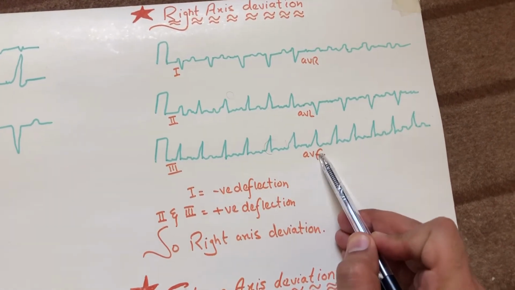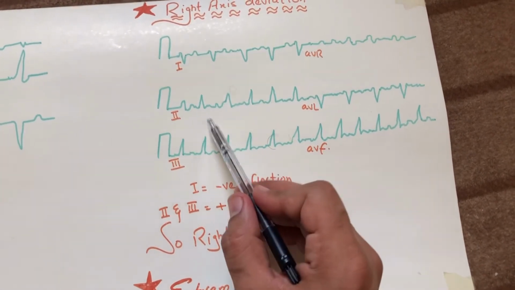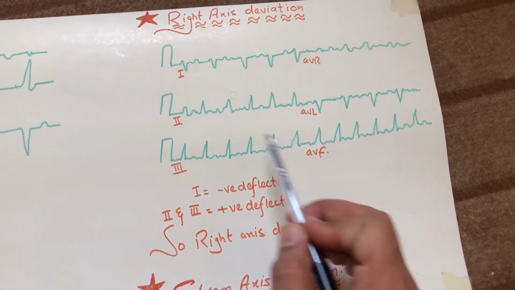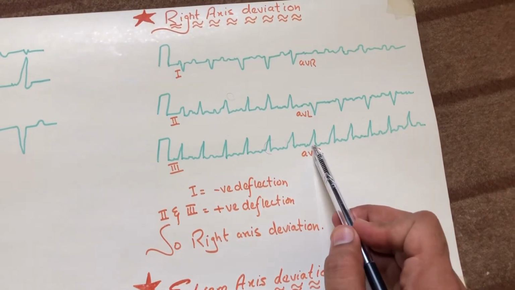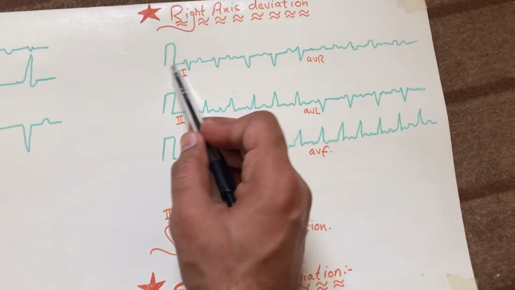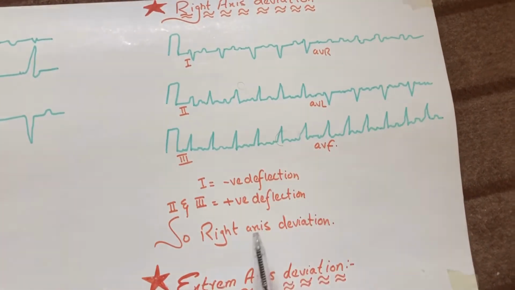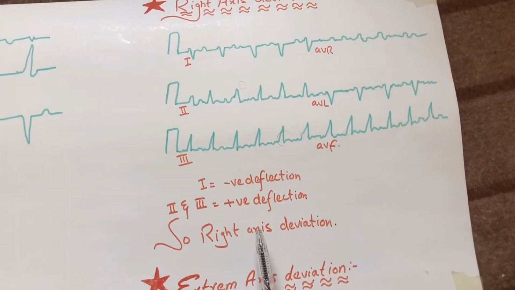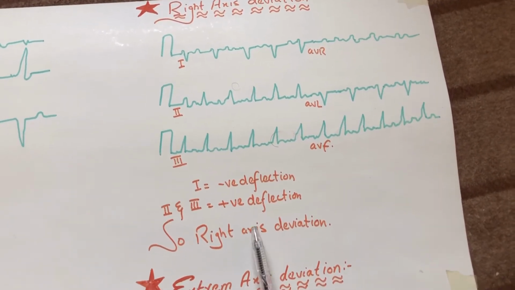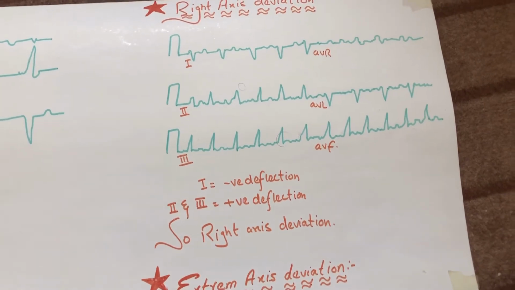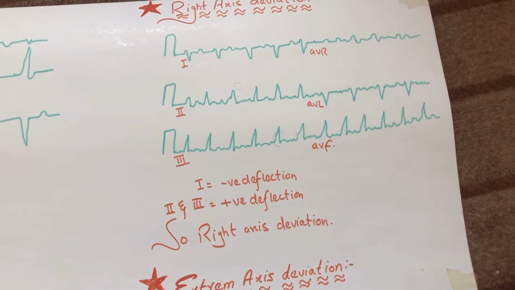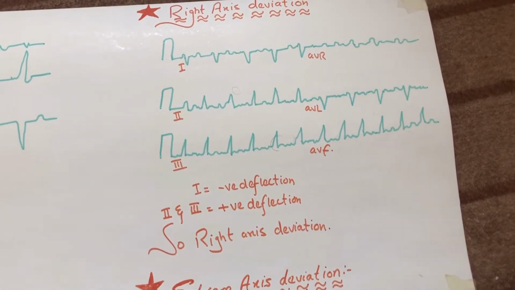To confirm it, you need to look at lead number 2. Lead number 2 is also supporting this, positive deflection. AVF, positive deflection. And it is going away from lead number 1, which means away from the left ventricle. This is known as right axis deviation. It means the action potential is going more toward the right ventricle as compared to the left ventricle, so the right ventricle is hypertrophied.